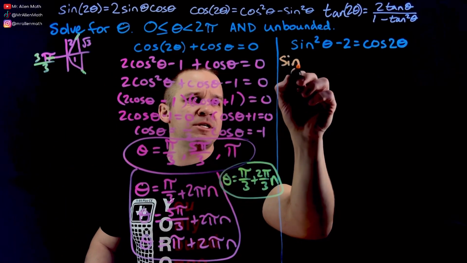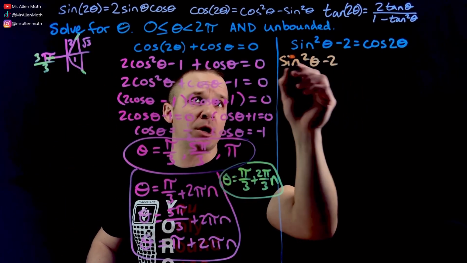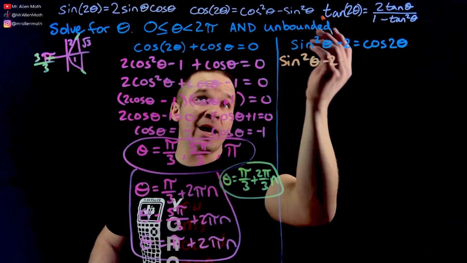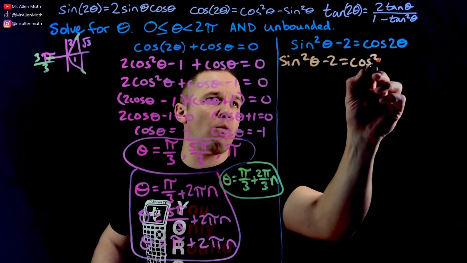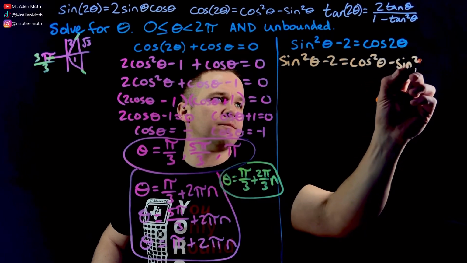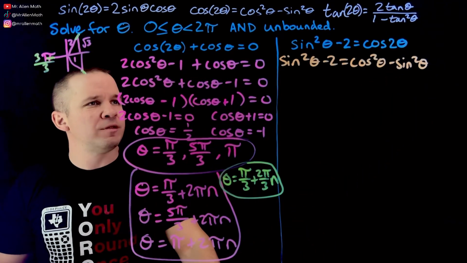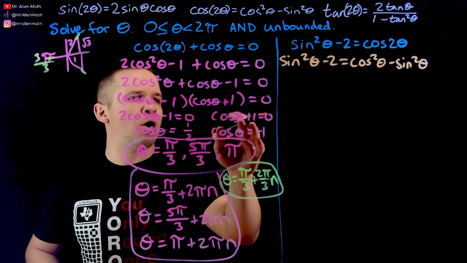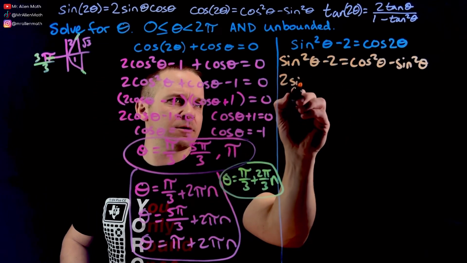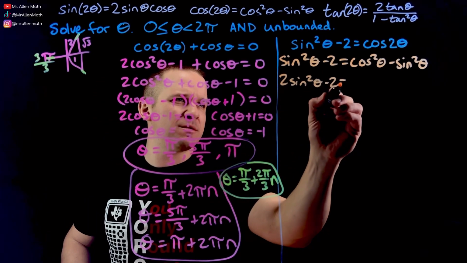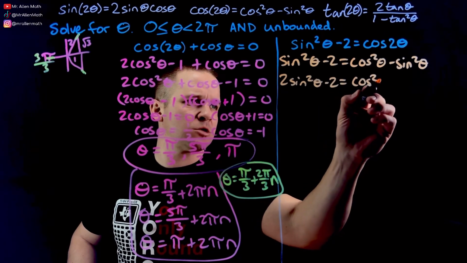So let's say we didn't know our other two forms of our cosine double angle formula. So we're just like, well, I guess I got to work with this, right? There's no other way. So I'm going to throw this in here. And then I'm like, okay, well, now what? Well, I would add the sine squared over, and I get 2 sine squared theta minus 2, but I'm still stuck with this cosine squared theta.